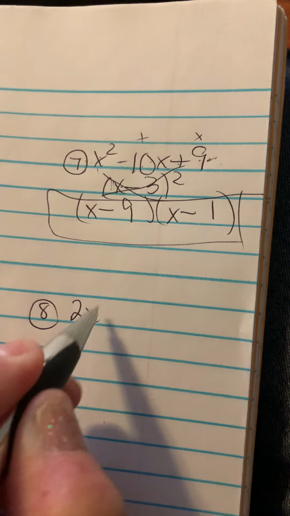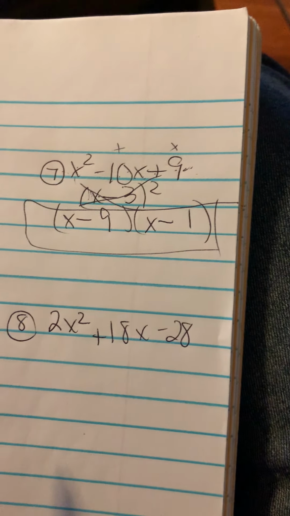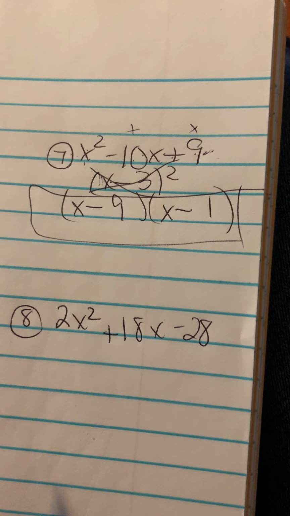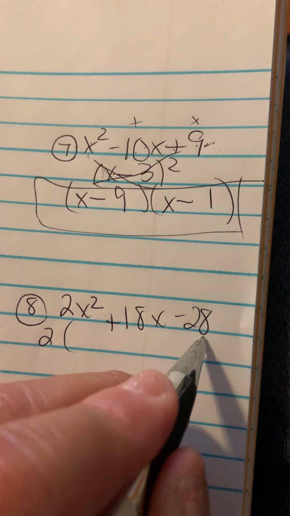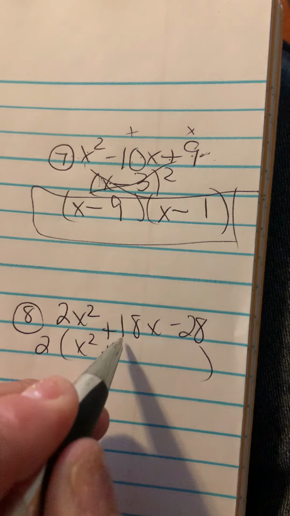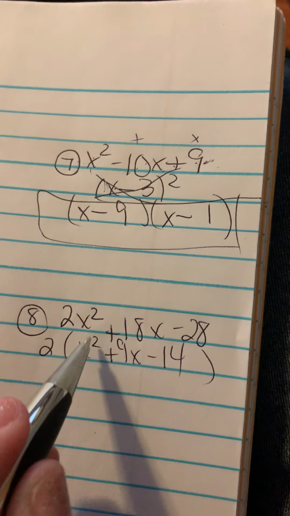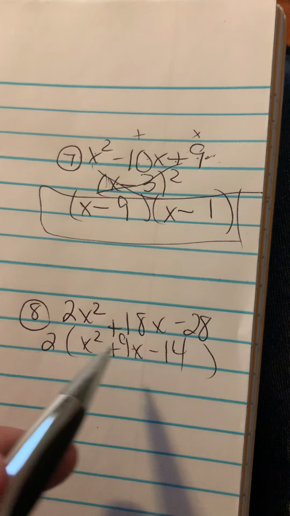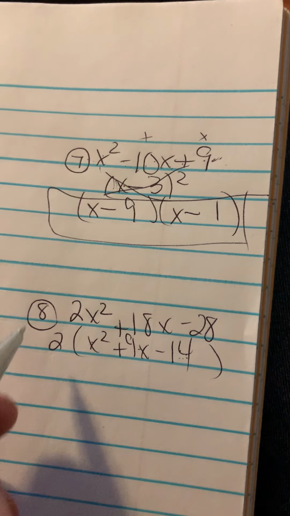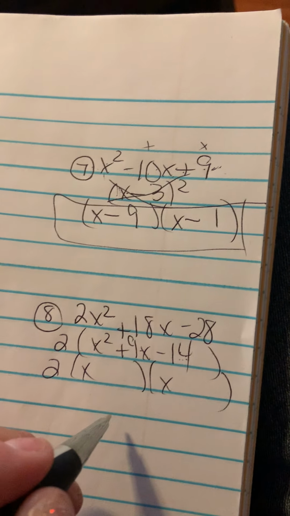All right, how about 2x squared plus 18x minus 28? Well, there's GCF. One, two, 3 terms. 3 terms is either a PST or a FOIL. Well, that's not a perfect square, so we're going to try FOIL.